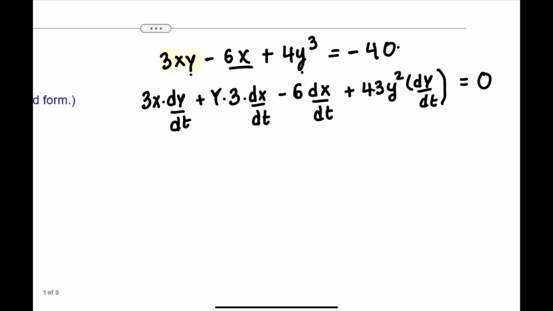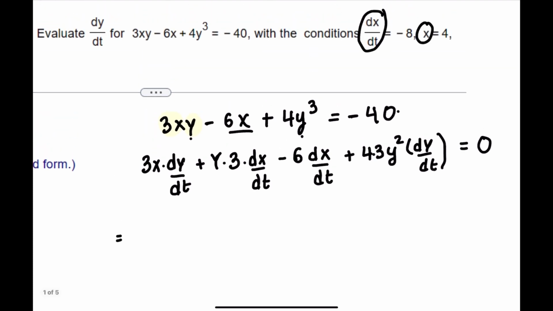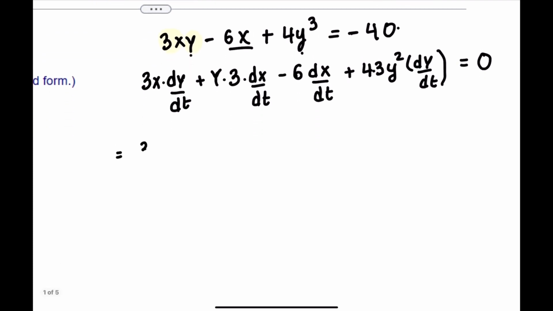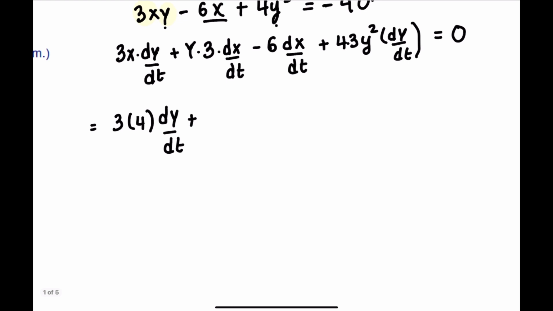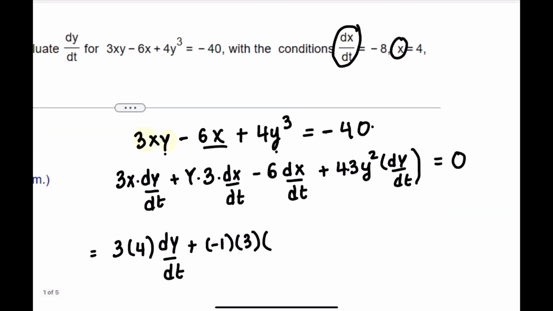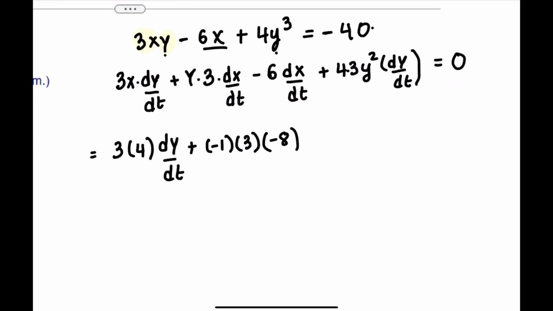Now that I know, all I'm going to do is go back and plug these values into the function. So 3x is 4, dy by dt is what I'm trying to find, plus my y value was negative 1, times 3, dx by dt was negative 8, minus 6 times negative 8, plus 4 times 3 is 12, y is negative 1 squared, dy by dt is equal to 0.